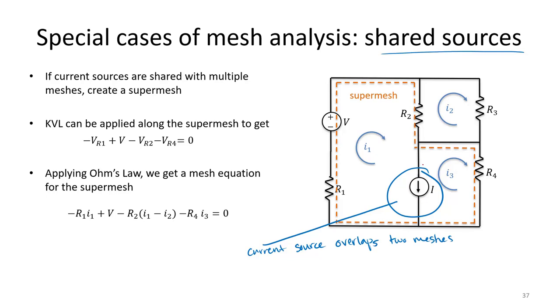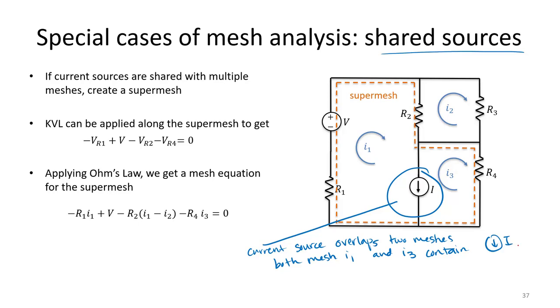So here, both the mesh I1 and I3 contain that current source I.